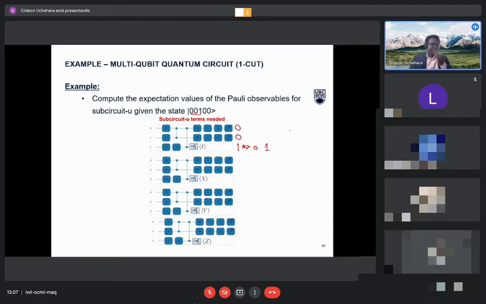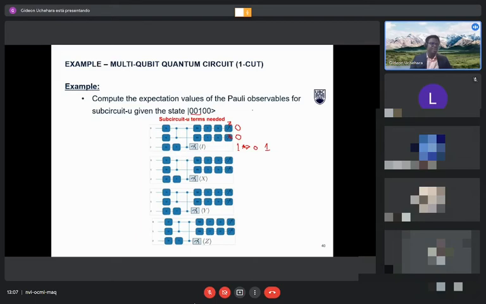So in this case, this was measured in the Z basis, this was measured in the Z basis, and this was measured in the I basis, as we can see here.